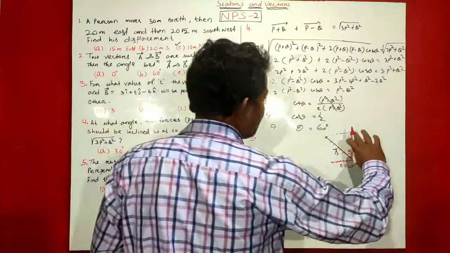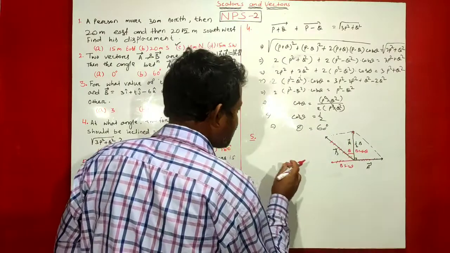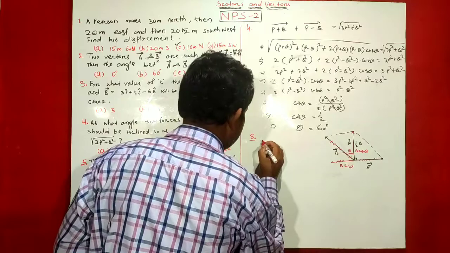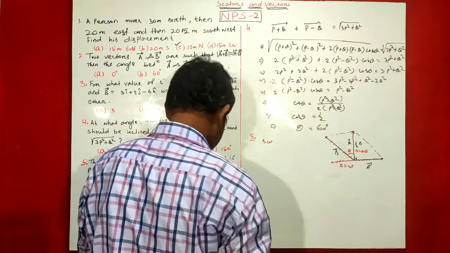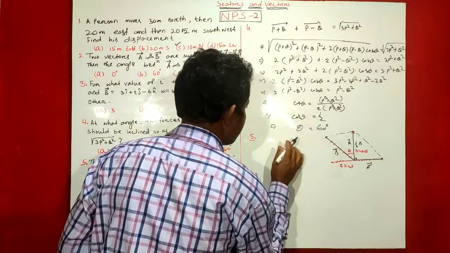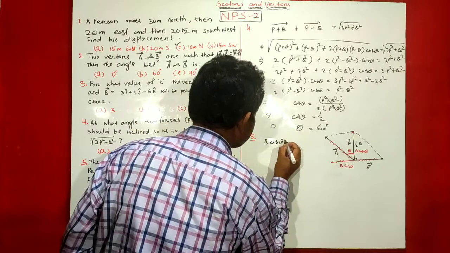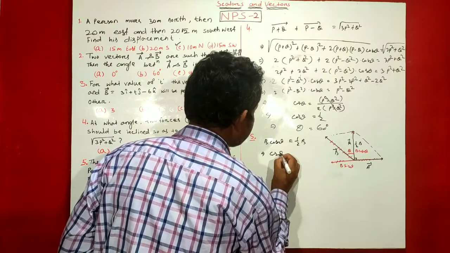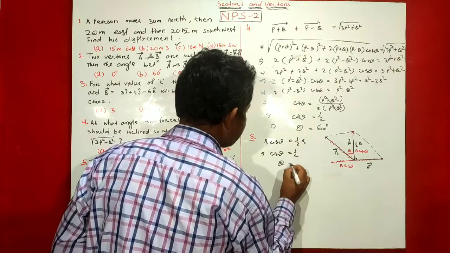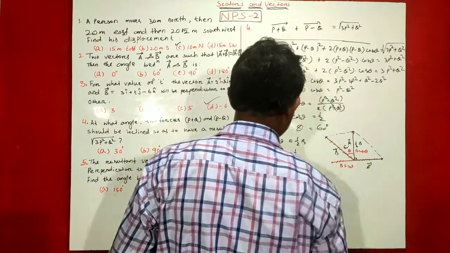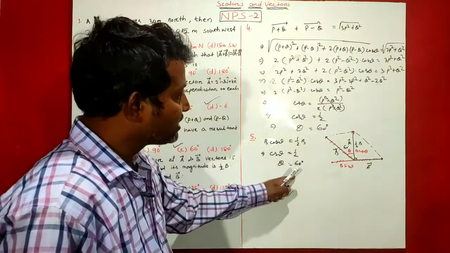According to the question, R will be half of B. So B cos theta is equal to half of B. That means cos theta is equal to half and theta is equal to 60 degree. So this angle is 60 degree.